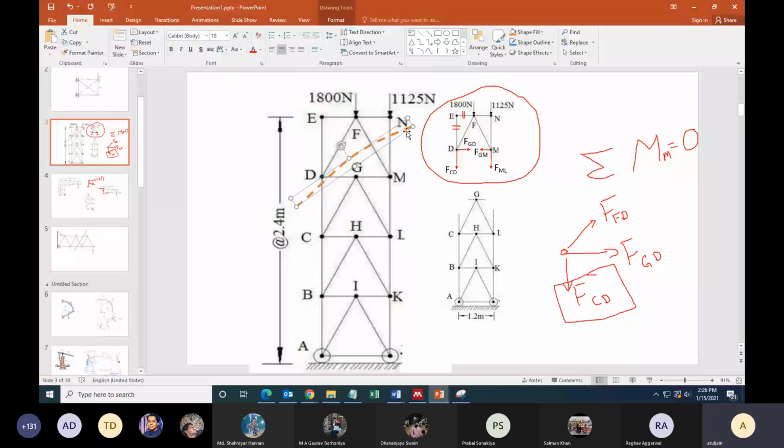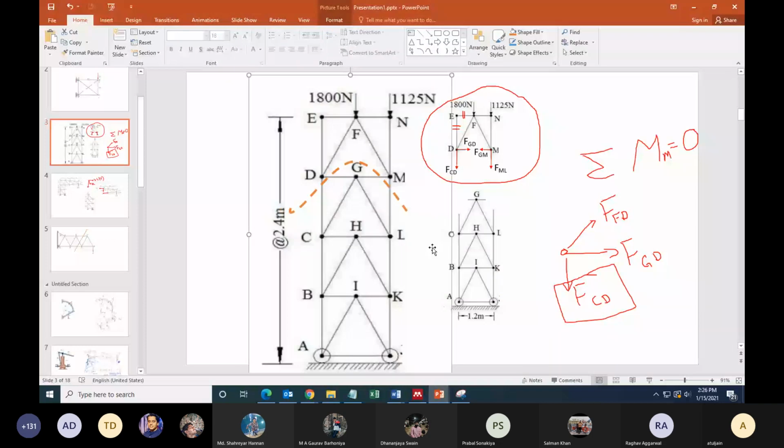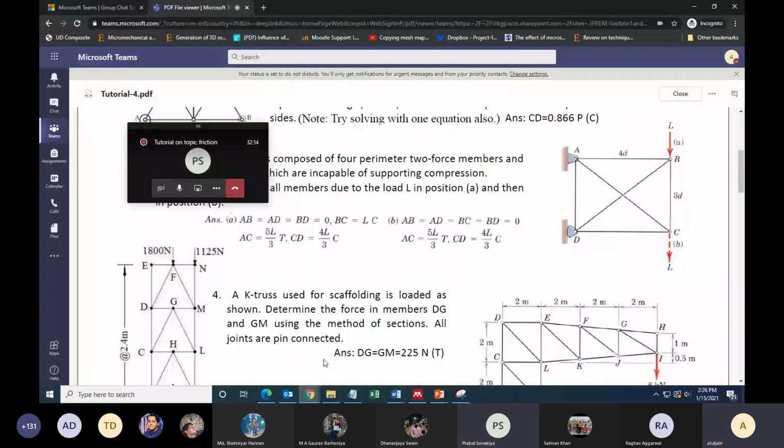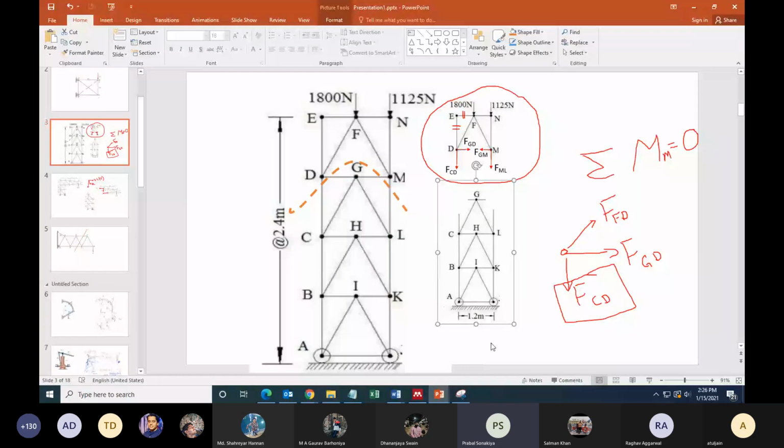So you took a section like this and then what happened? Then what is the problem? Sir, I tried with this also, but I was not able to solve it properly. Why not? I had already spent a lot of time on the encircled one, so I didn't try. I'm sorry.